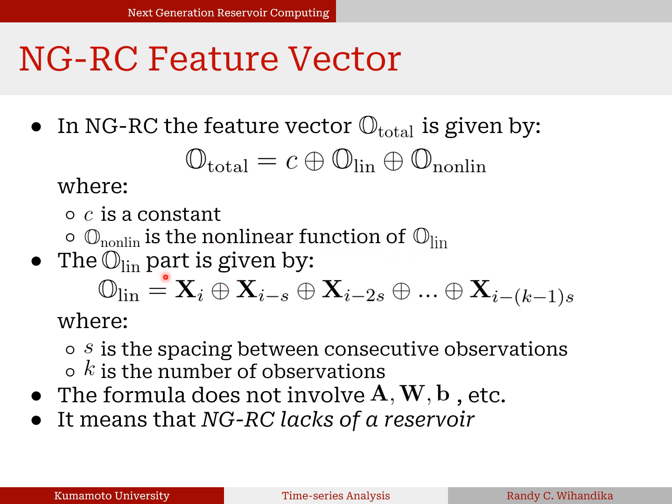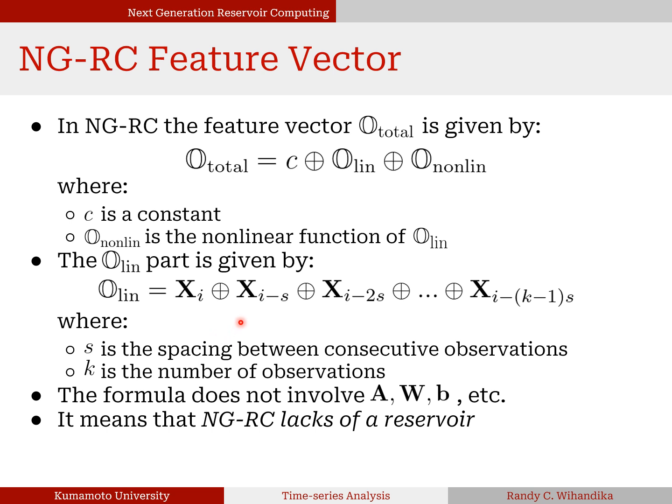The O linear part is given by this: xi, the input, concatenated with xi minus s, xi minus 2s, and so on, until xi minus (k minus 1)s, where s is the spacing between the consecutive observations, and k is the number of observations.